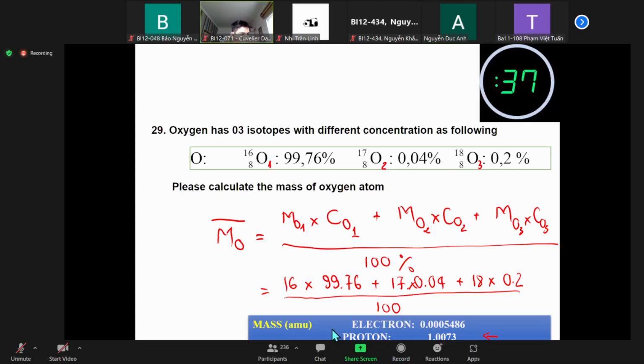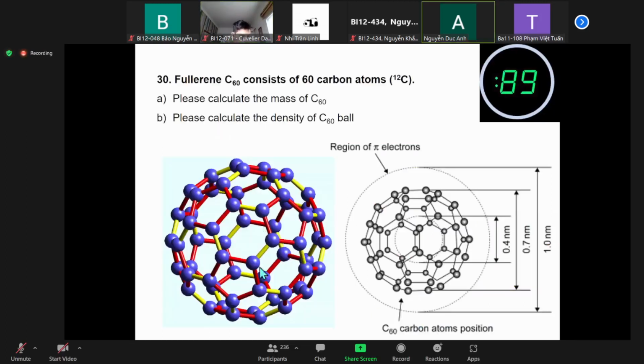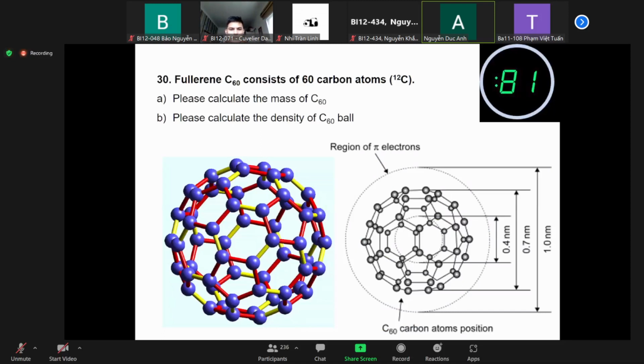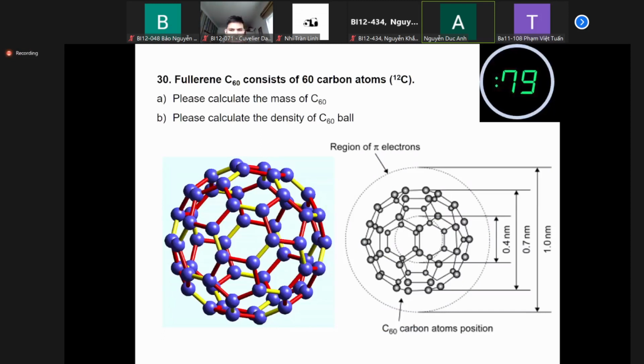Yep. And the last exercise is related to the fullerene, carbon 60. Okay, this one is very beautiful. I could say it's a very beautiful molecule and material on Earth. And actually, fullerene does not appear in nature. We can synthesize them. And it's not only 60 carbons there. It's not only carbon 60 for fullerenes. It can be many other numbers.